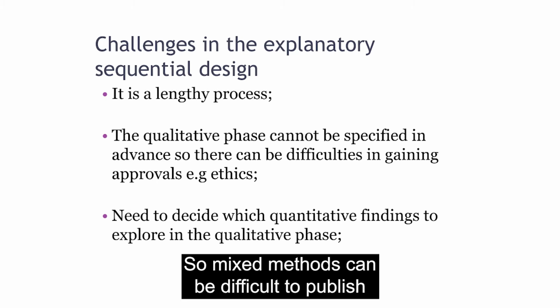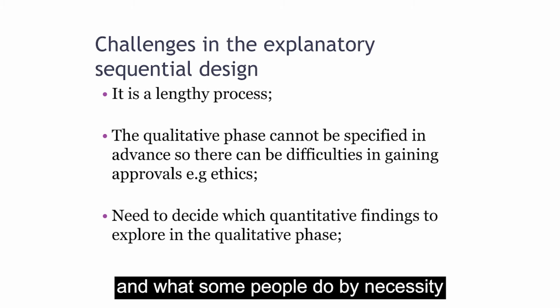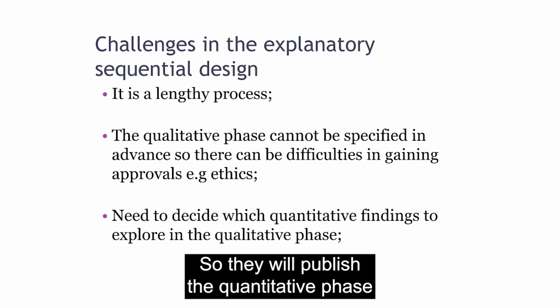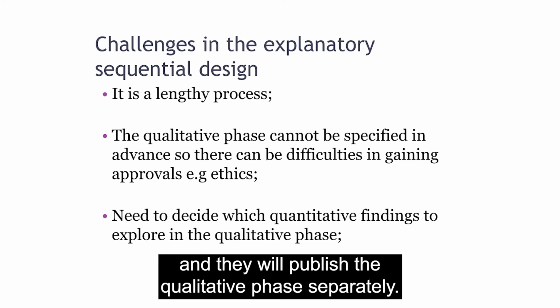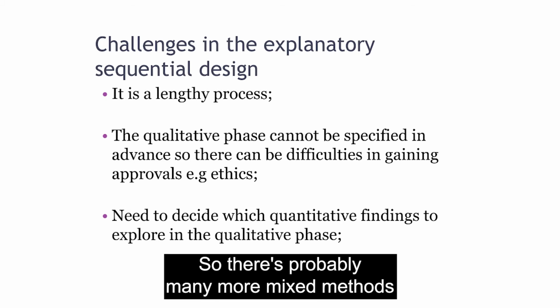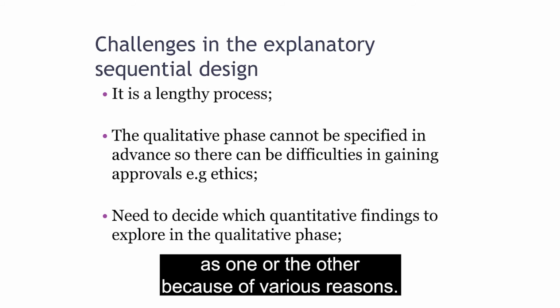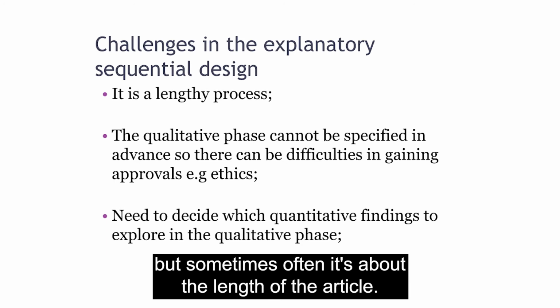So mixed methods can be difficult to publish. And what some people do, and by necessity, is they just carve it up. They will publish the quantitative phase and the qualitative phase separately. So there are probably many more mixed method studies out there, but you're only seeing them reported as one or the other because of various reasons. Sometimes it's about the journal, but often it's about the length of the article.